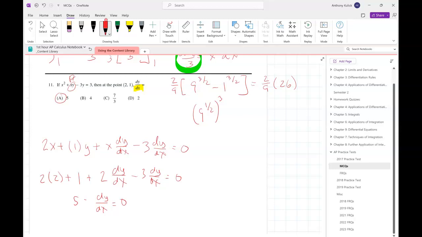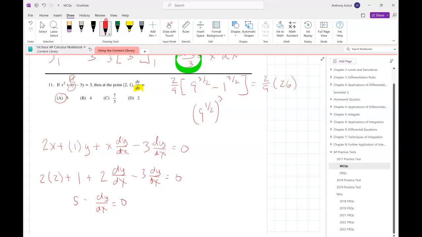So again, on this particular problem, I would expect to see implicit differentiation. Super common topic. Have to remember to create the dy dx's when you differentiate, and to look for those product rules.